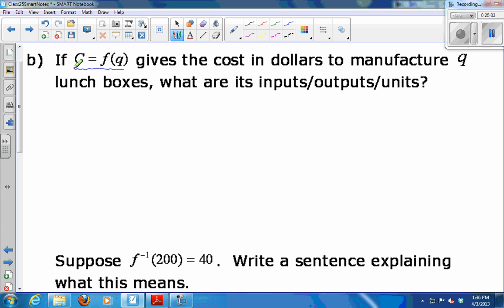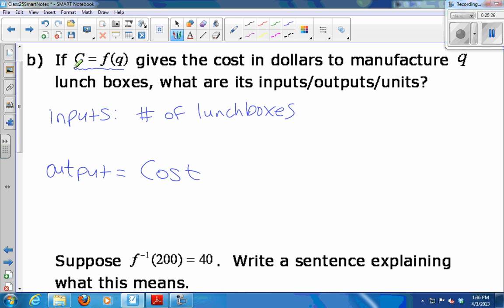So Q is my input, and Q represents number of lunch boxes, right? So my input is number of lunch boxes, and my output for this function is cost. Cost to manufacture that many lunch boxes in dollars.